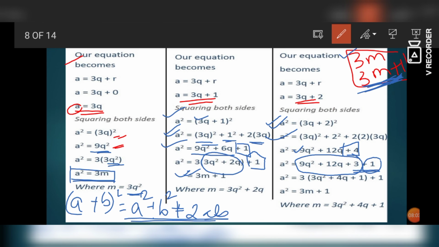From 3 plus 1, the plus 1 is the required equation that we want, already achieved, and 3 comes under the first two terms, so that we can take 3 as common. So now we have 3 common, and we can write 9q square plus 12q plus 3 as 3 into 3q square plus 4q plus 1, as we are taking 3 common. In place of this we are writing m. So we got 3m plus 1.